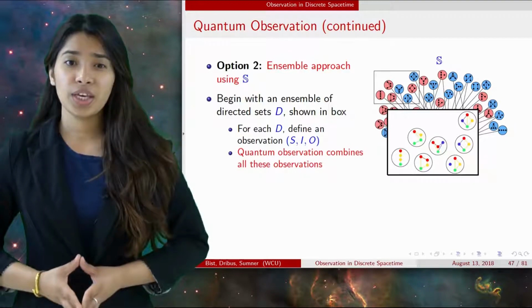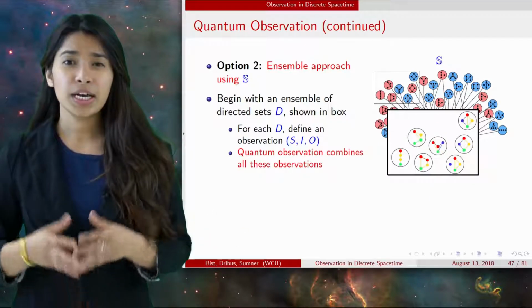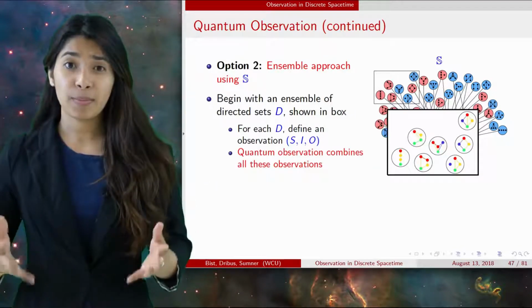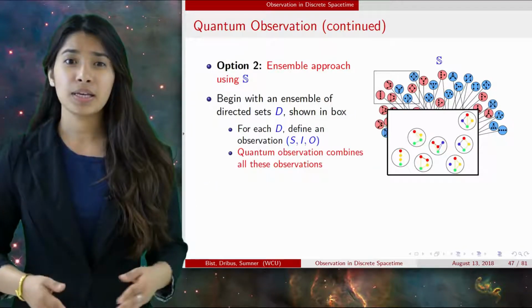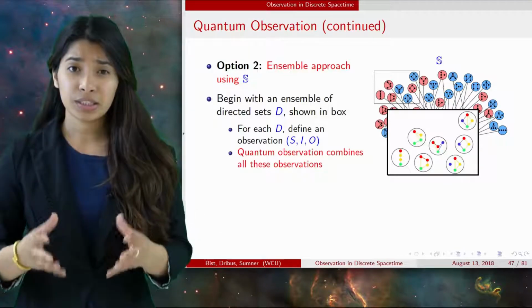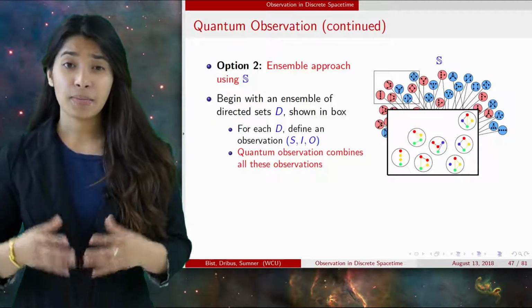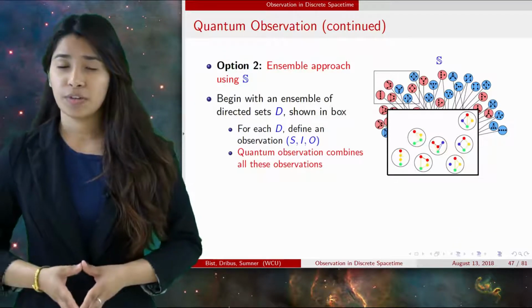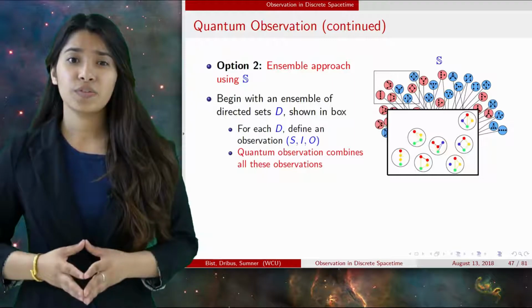Typically, we would tend to think of these sets as being somewhat similar, kind of like nearby parallel universes. For example, we might choose them all to correspond to nearby elements of an antichain in an underlying multidirected set, script M of bold S of bold S. We then define a classical observation SIO in each of these directed sets.